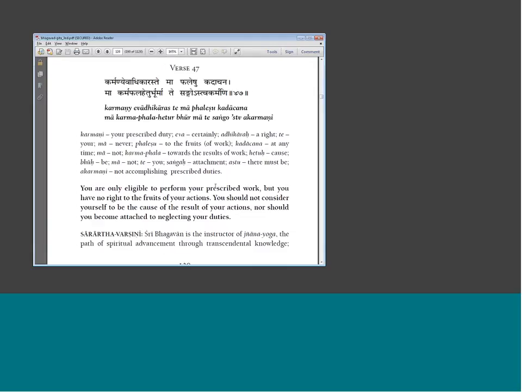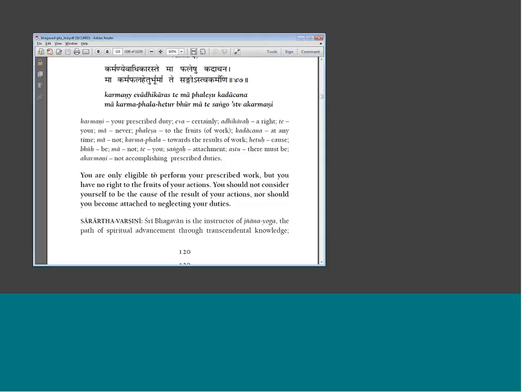to neglecting your duties. Now, this is a very interesting verse, because this is opening an entire discussion, which is going to be carried throughout the Gita, about the nature of action and who is the actual doer. So you have a right, you have adhikar, you have a right to perform your duty, what your prescribed work is, what your duties are.